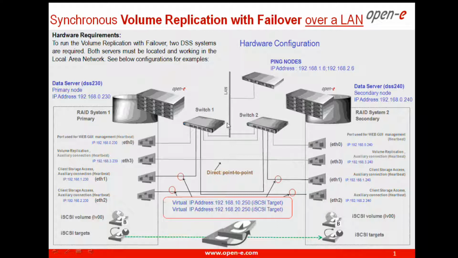Next thing I want to point out is the ping node. Please note I have a ping node which is 192.168.1, subnet 1, and my ping node is .6. And one more, maybe the same computer in my case, but better another one, with 192.168 and subnet 2.6.